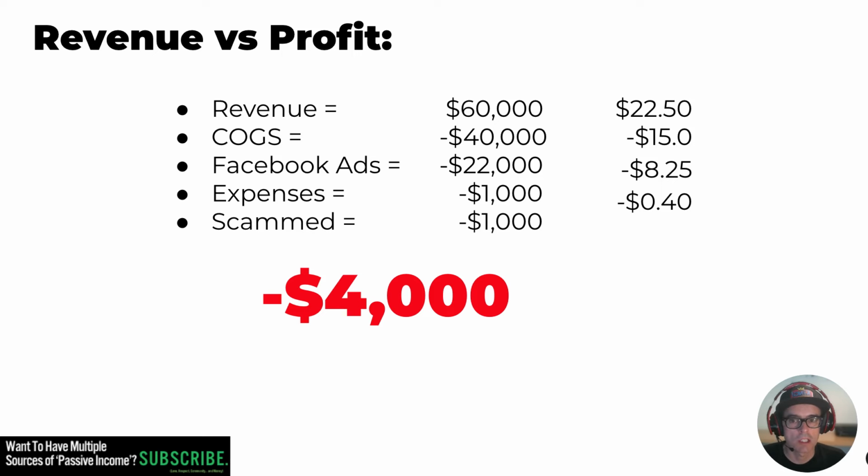And then I was scammed another $1,000, right? So I lost about $4,000 with this business. I basically stopped doing it because I couldn't get it to sell more or faster, or I couldn't reduce the Facebook ads expense per purchase.